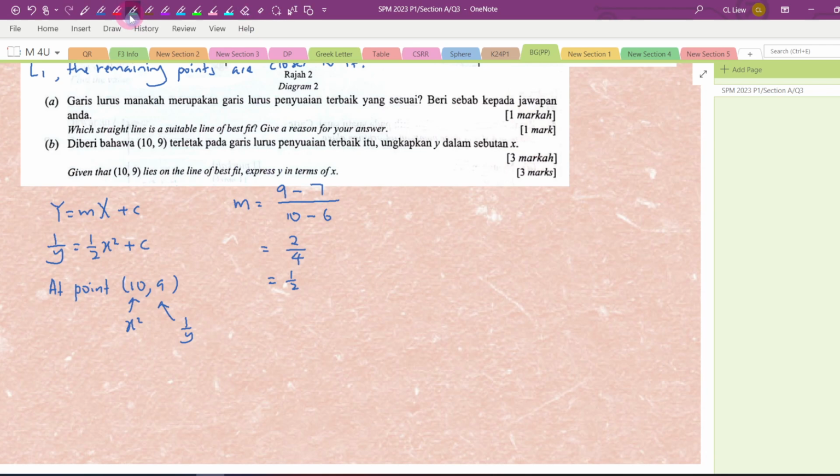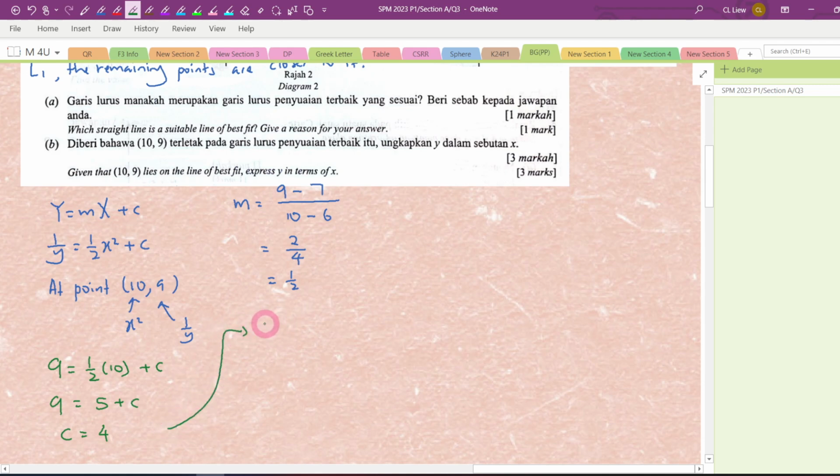What we should do is replace the 1 over y by this and replace the x squared by this. 1 over 2 times 10, you will get 5. 9 is equal to 5 plus c. So c is equal to 9 minus 5, which is equal to 4.